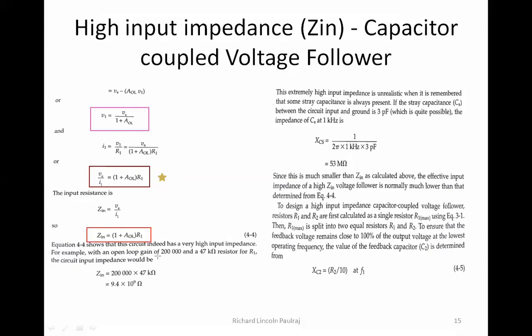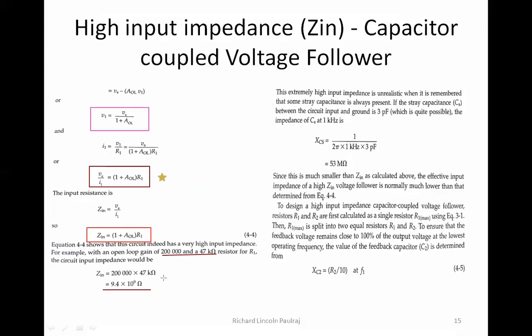So we will take some random value, about 200,000, which we have seen most of the times, and we take the value of R1 as 47K. We substitute them, and we are getting a very high value, about 9.4 into 10 raised to 9.